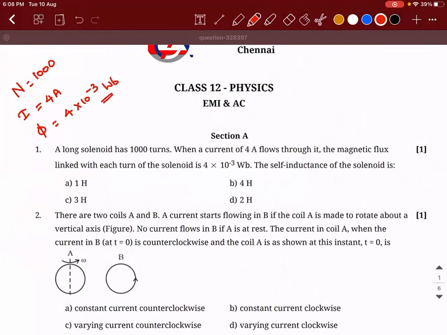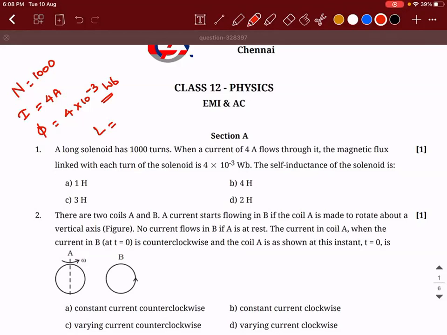So if you revisit, what is the basic formula of self-inductance? How did you get that mu naught n square A into L? Go and see the derivation, what is the first step that we used. Go check the derivation immediately. Mu naught n square A into L is right, but here you can't use it.